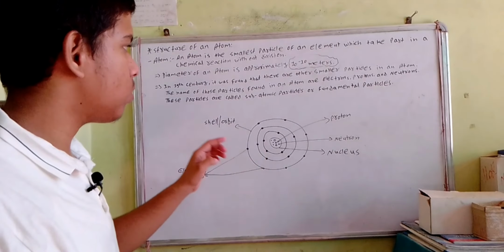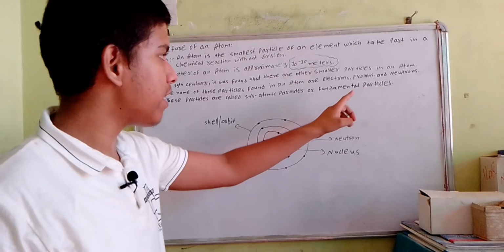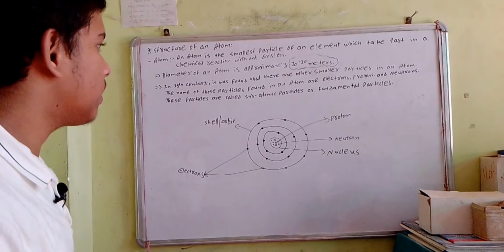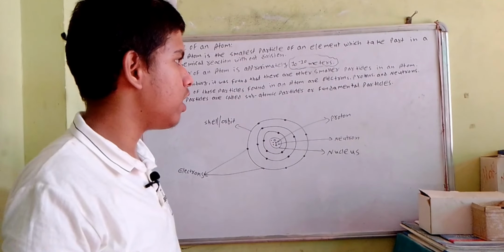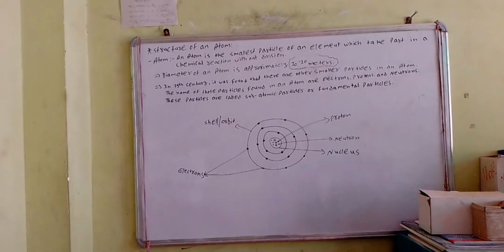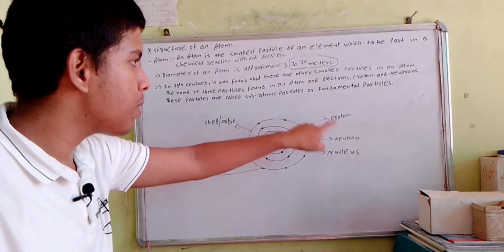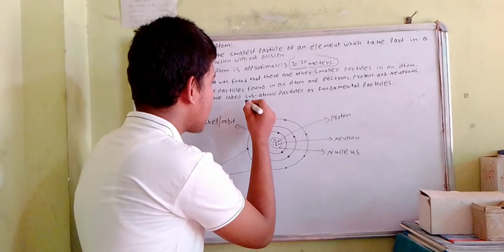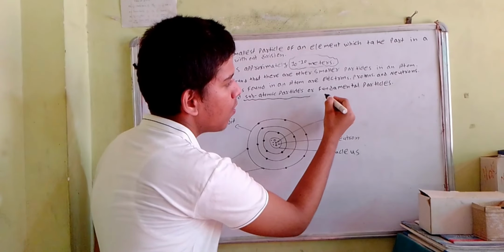Okay. So these are the names of the particles which are found in an atom: electrons, protons, and neutrons. These particles are called subatomic particles, right? Subatomic particles or fundamental particles.